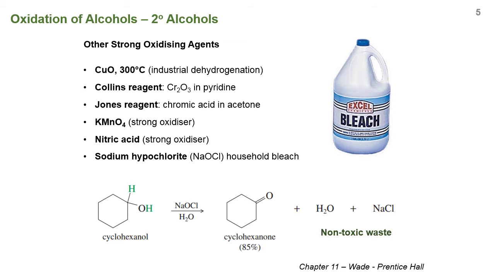You can also use other strong oxidizing agents, for example, copper oxide, Collins reagent, Jones reagent, potassium permanganate, nitric acid, and sodium hypochlorite. These reagents have one thing in common, which is the high oxidation level, so you can use them to accept electrons from alcohols to form ketone.